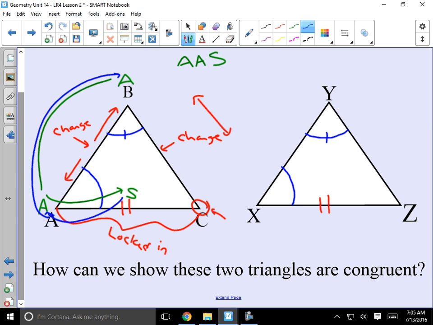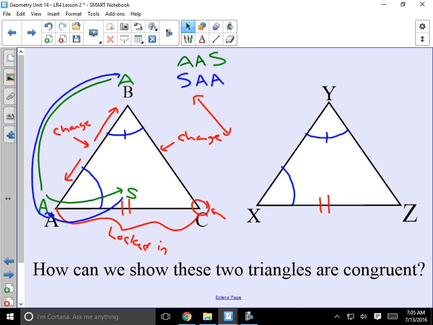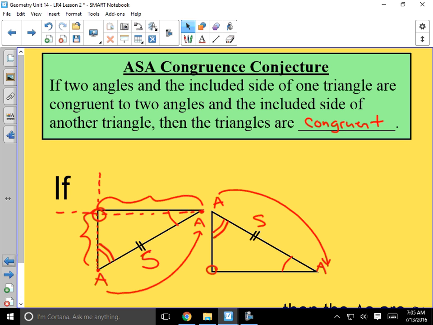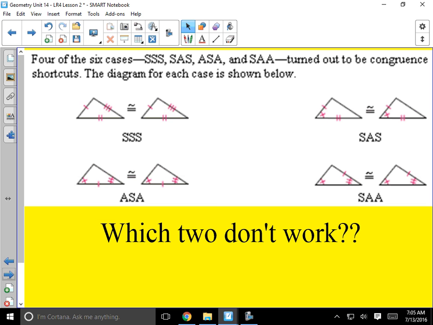And so I go from a side to an angle to an angle. Either one of these works for a congruence statement. So what we've done in looking at these triangles is help prove the angle-angle-side, or side-angle-angle, and the angle-side-angle congruence conjecture.